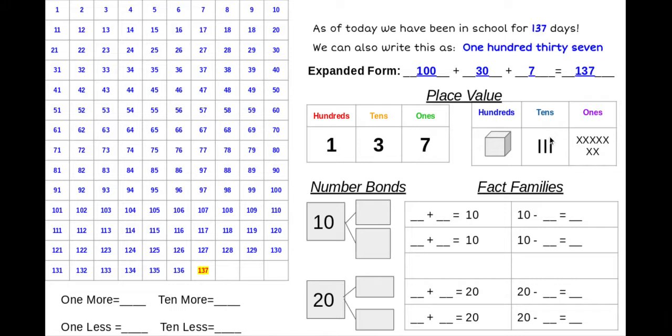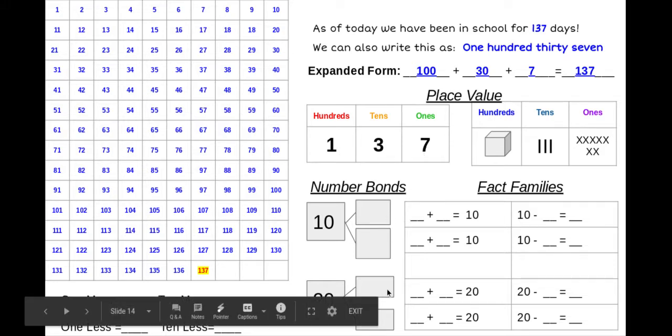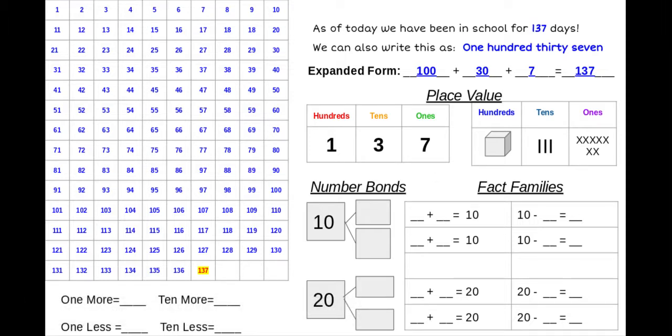All right, let's go down to our number bonds. In Miss Grandy's class, we always use our ones place for our number bonds each day. And in our ones place, we have the number 7. So let's fill in our number bonds with 7s. And again, you can be drawing your number bonds in your journal if you'd like.